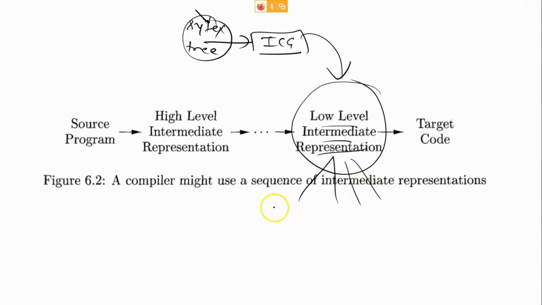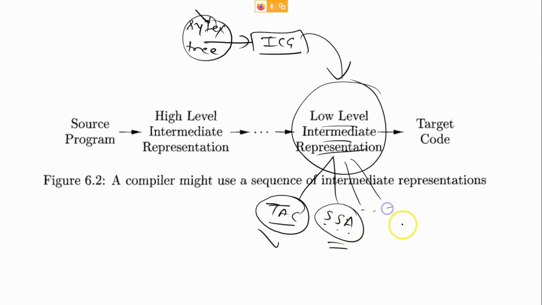Some compilers use three address code, which is most popular. Most compilers use this three address code. Some compilers use SSA, static single assignment, which is another form of intermediate representation. And some other compilers use different representations, like syntax tree or postfix notation. You already know all those things. So today our focus will be TAC and SSA.